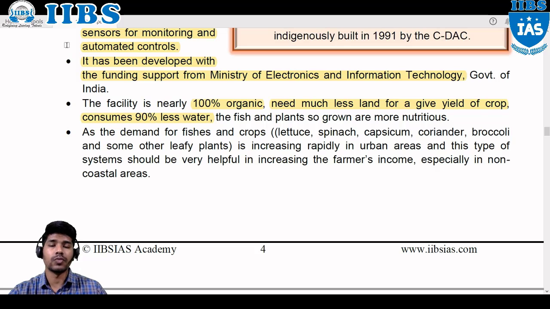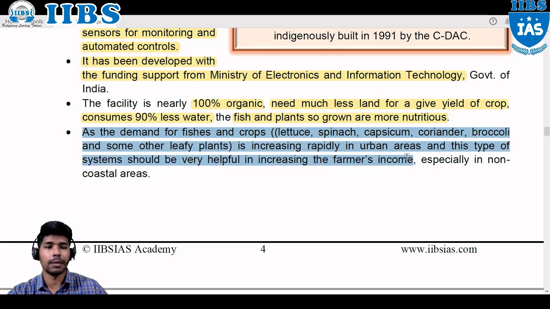Agriculture is one sector which uses the most water, and the water transpires into the atmosphere. The fish and plants grown are also more nutritious. You can grow fish as well as plants. And as the demand for fish and crops is increasing rapidly in urban areas, this type of system is very helpful to increase the farmer's income.